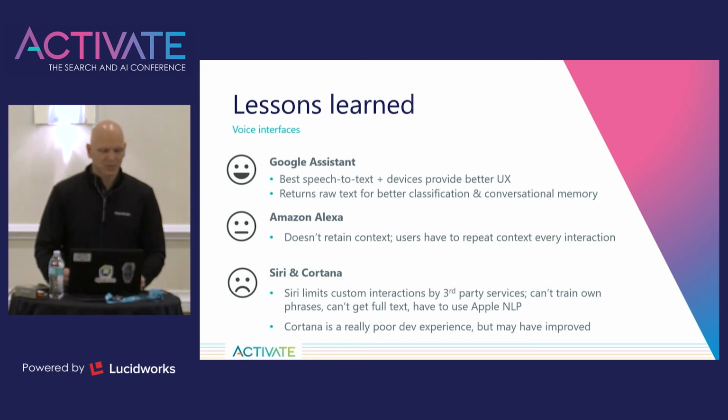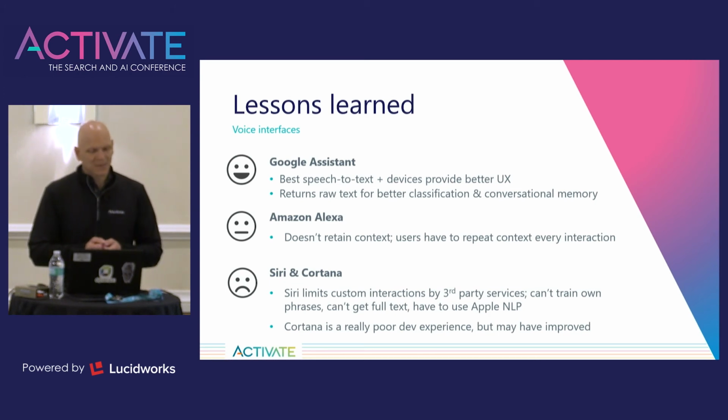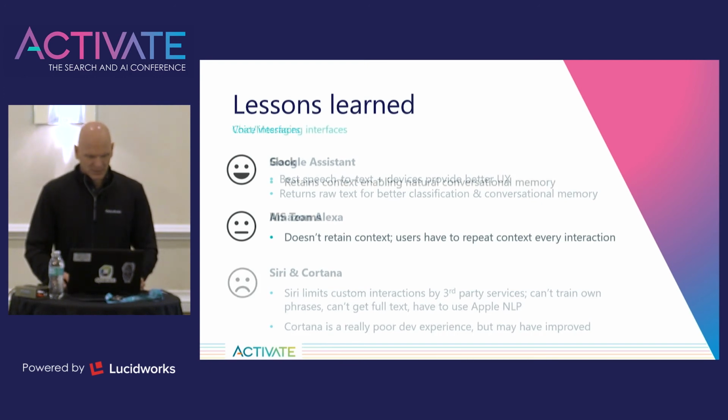And Apple forces you to use their own NLP. So we haven't really integrated with Siri yet. Cortana, we tried that last year. Microsoft was at an immature stage, I would say, and it was really challenging to get support from Microsoft. However, I think that's changing.